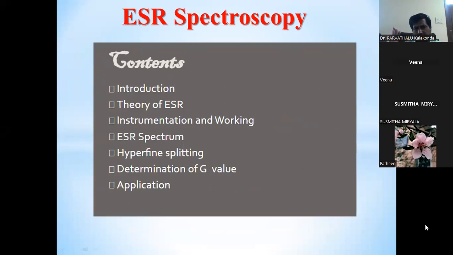So suppose they ask a question like explain the ESR spectroscopy. You should first know what is ESR, what is the theory behind that, and then you have to explain the instrumentation, like what equipment is required to test the organic sample, and how it works.